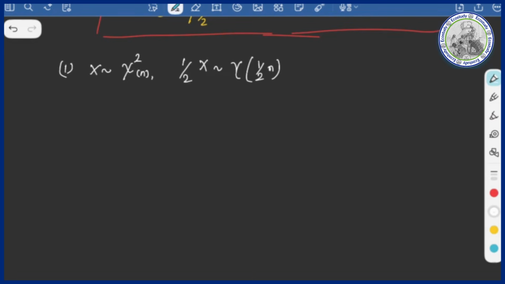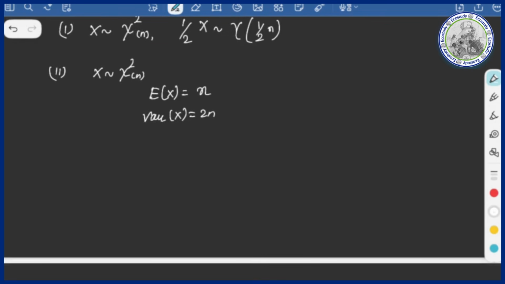Now we will see the mean and variance of the chi-square distribution. Suppose X follows the chi-square distribution with n degrees of freedom, then the mean, the expectation, is n and the variance of X is 2n.